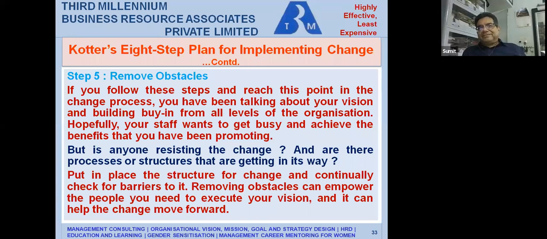So you have to be careful about, while a lot of them would be working towards that vision, are there still some people resisting it? And there would always be. They will become the bottlenecks. So are some people resisting the change? Are there some processes or structures that are getting in the way?